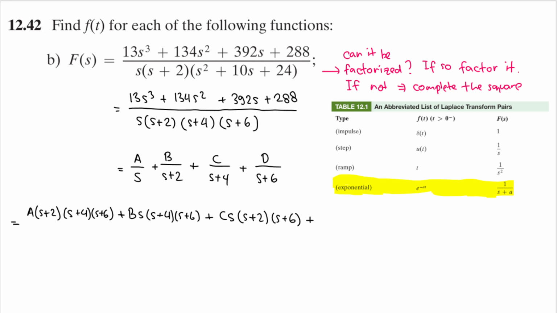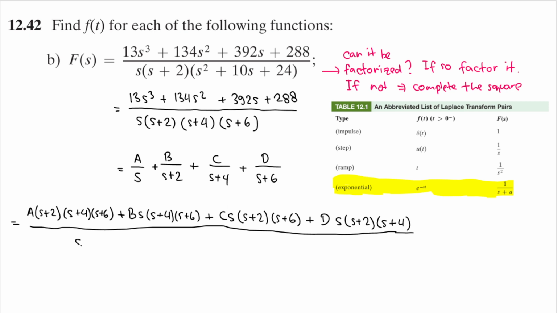Now the D here is D multiplied by s, s plus 2, and s plus 4, and we will have all of that divided by s, s plus 2, s plus 4, and s plus 6.